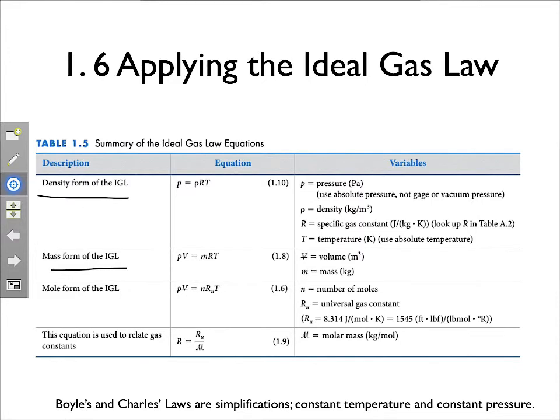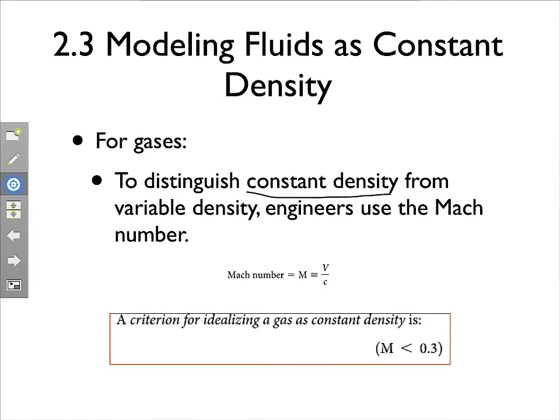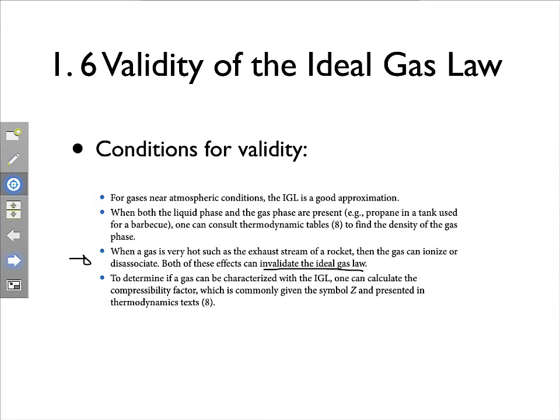Usually, liquids are not compressible, and when gases get really hot, the ideal gas law is invalid, and if the Mach number is over this threshold of 0.3, we're going to be in a situation where we're violating the constant density assumption.